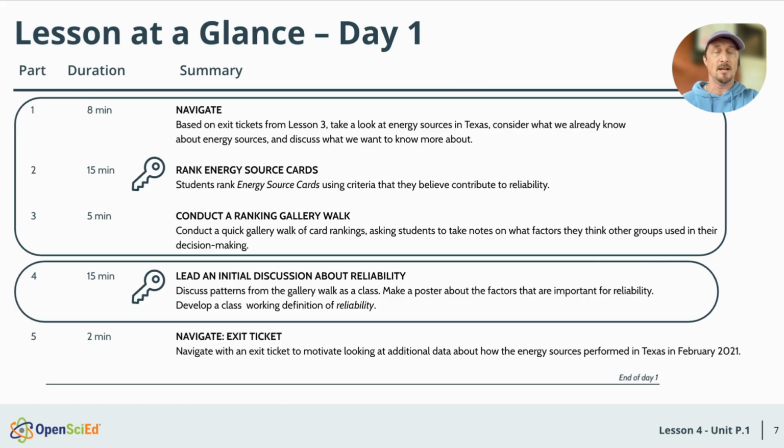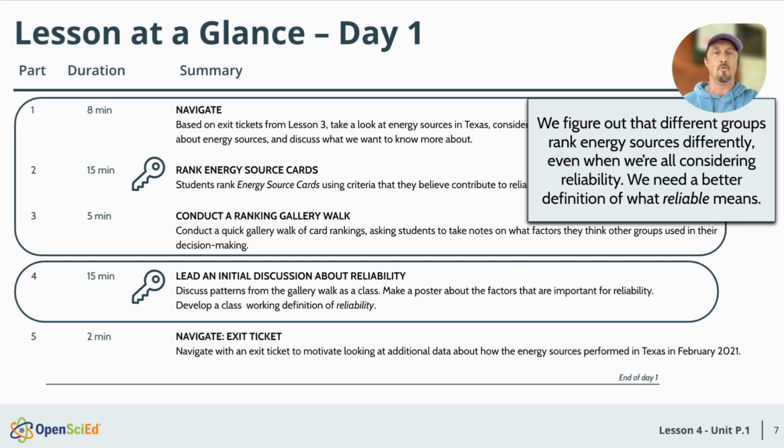There are 3 main sense-making chunks that I'll look at more closely here. First, in the beginning of day 1, we look at a map of Texas, which type of power plants are in the state, and we get more detail about those types of sources on cards. We use those cards to rank sources on reliability in our groups, and then we look at other groups' rankings. So we see that other groups ranked differently from us, and we wonder what factors other groups might have used in their ranking.